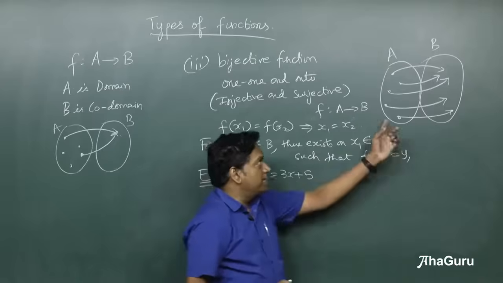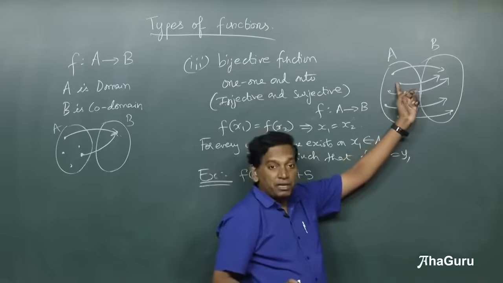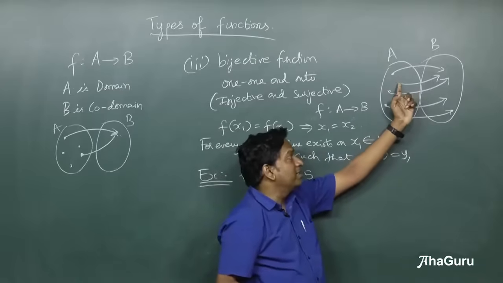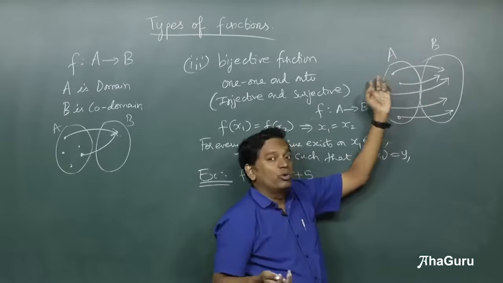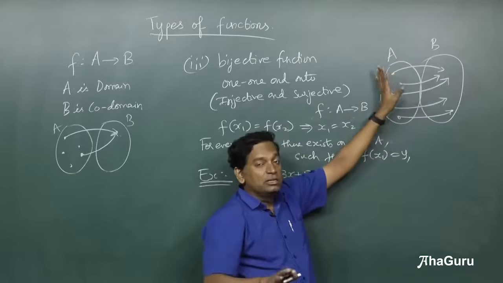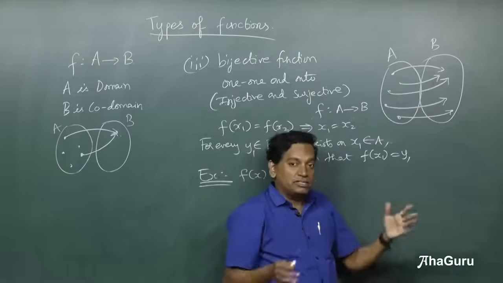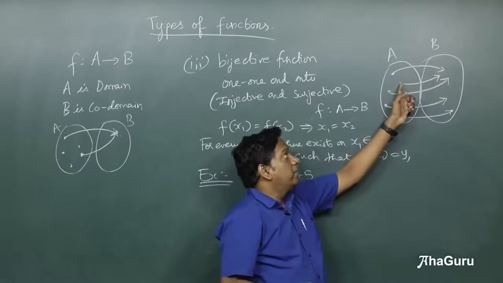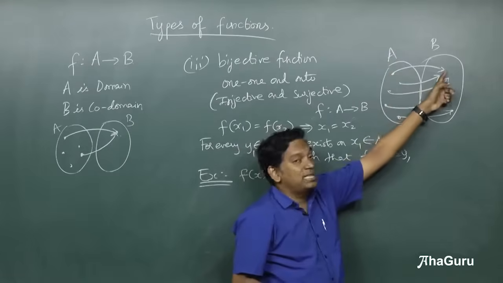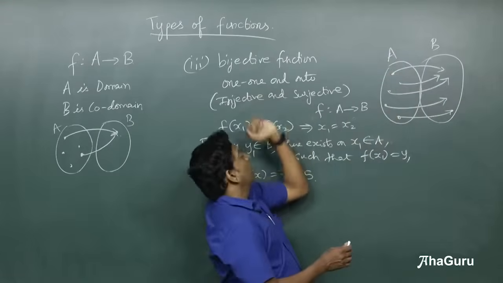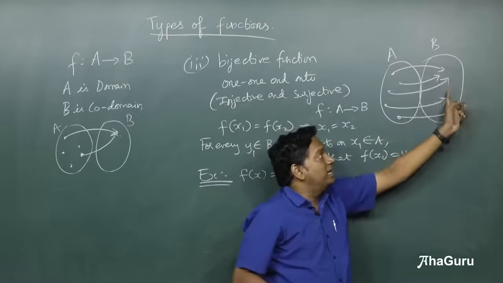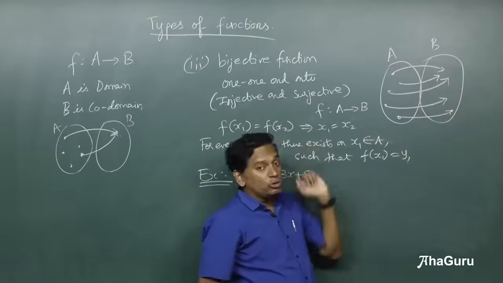We know that on the left hand side definitely every element must be mapped, but no element can go to two things anyway, because that won't even be a function. Forget injective, bijective, surjective. From one thing you cannot have two arrows anyway, just for a function. But no two things are going to the same because it is 1-1, and nothing is left unmapped because it's an onto function.